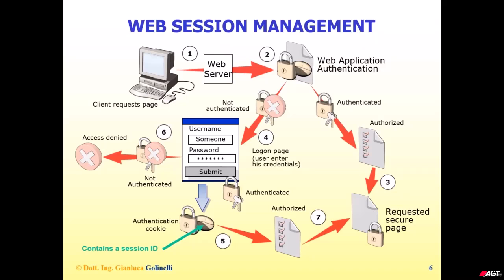The client can then access the reserved resources by simply sending the authentication cookie to the server each time. The server will read it and verify that the session ID matches the one saved.